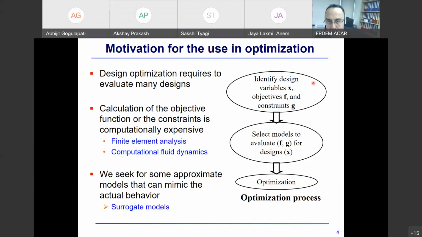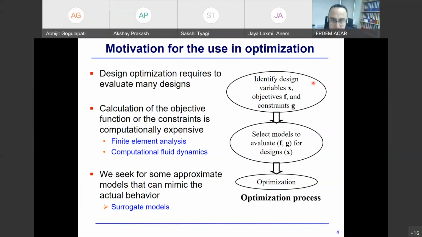And we have some constraints g. An example of a constraint is that the maximum von Mises stress developed in the beam shouldn't exceed some allowable value like the yield stress. If we consider a complex problem, then we compute these objective functions or constraint functions through computationally expensive simulations like finite element analysis or computational fluid dynamics analysis.